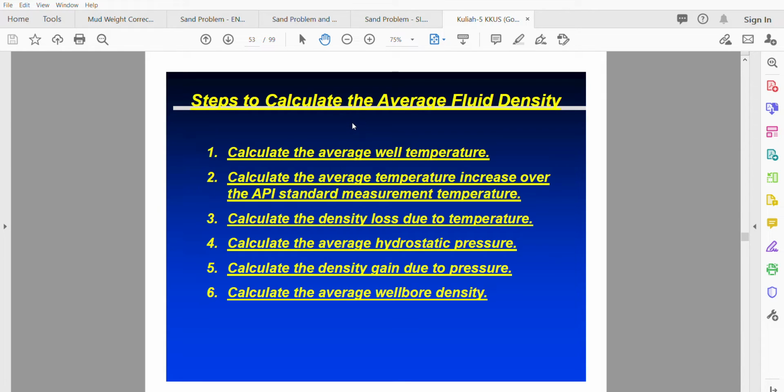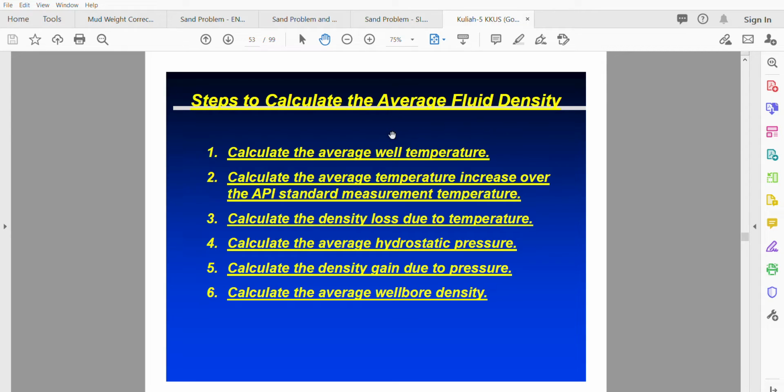I would like to talk about the continuation of the completion fluid. So let us do this exercise: how to calculate the average density.